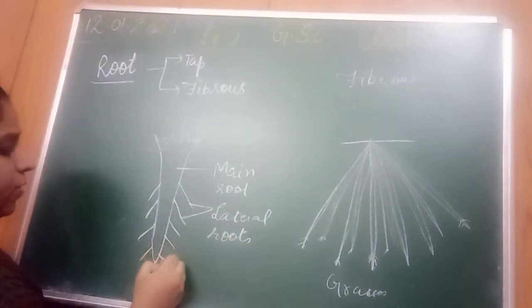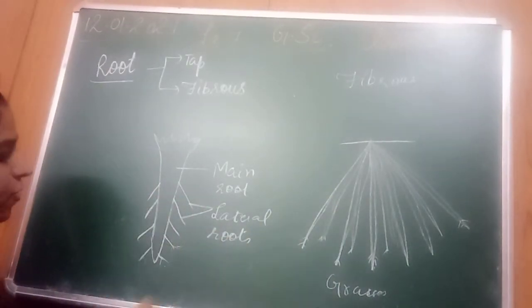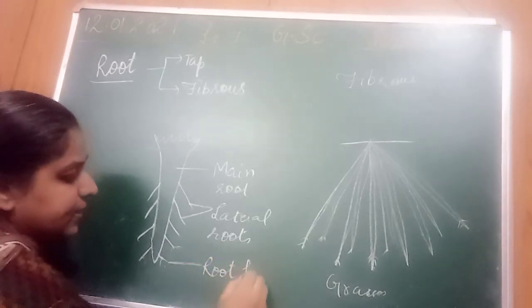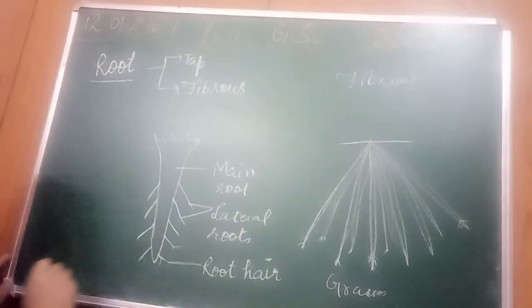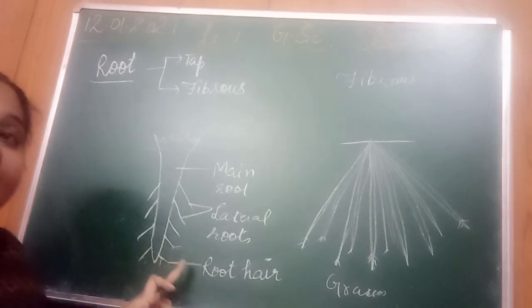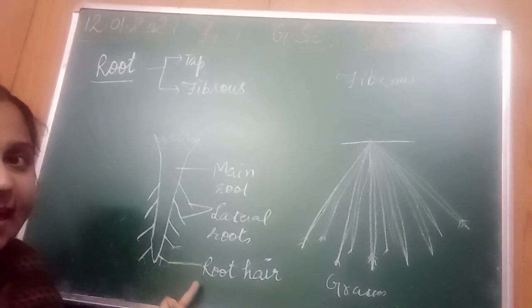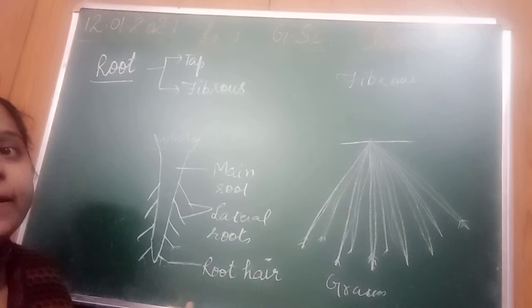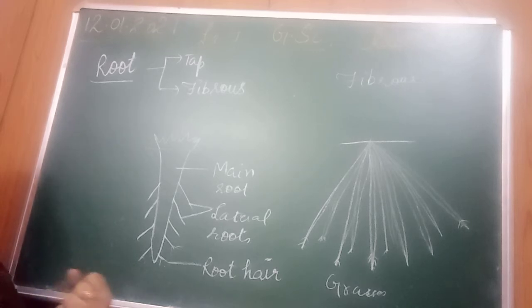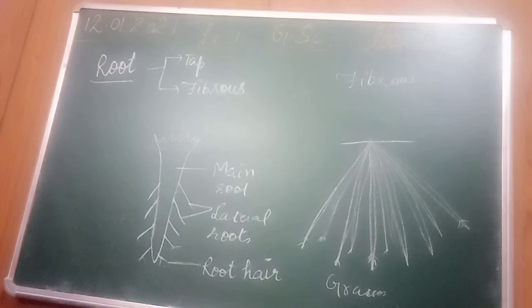Here also, these are known as root hair. What do we call it? Root hair. What is the function of root hair? The water and other nutrients are easily absorbed by these root hair. Because they are fine, they can easily and quickly absorb the water and other nutrients.